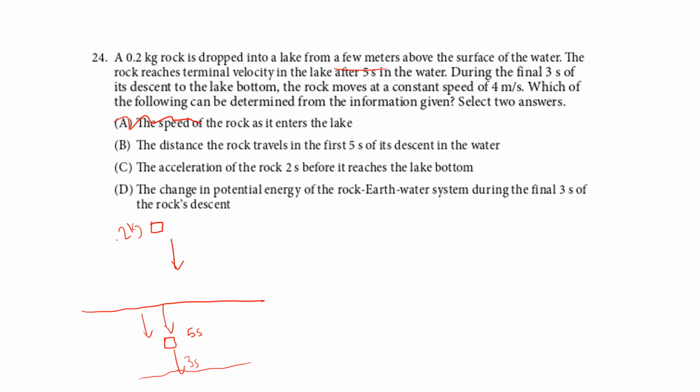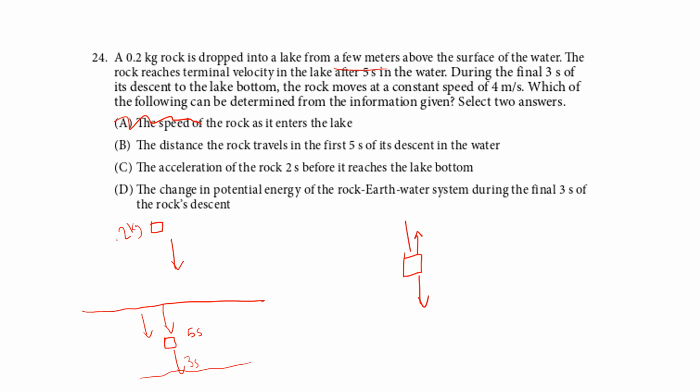The reason why we can't figure that out is it's not free falling once it's in the water. So in this situation, the rock does have a constant weight, and it does have a constant buoyant force as well, but that's not a Physics 1 thing, so we can ignore that for now.